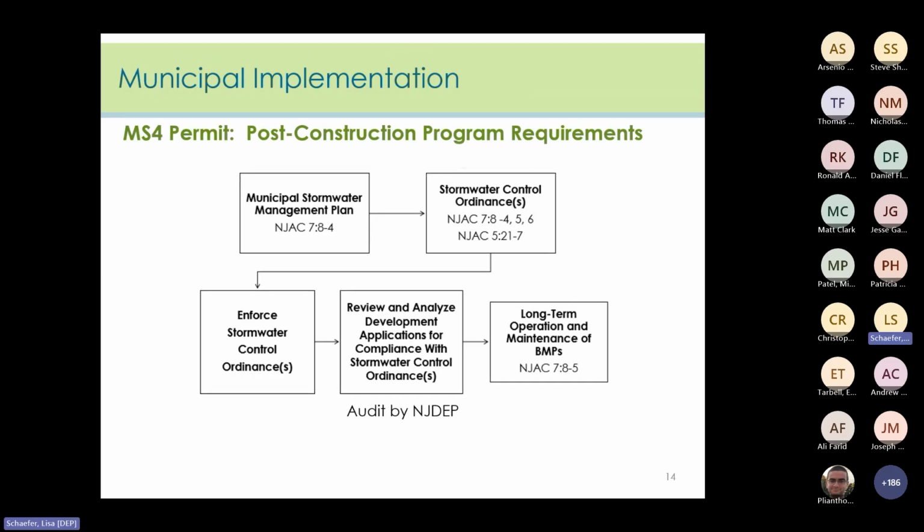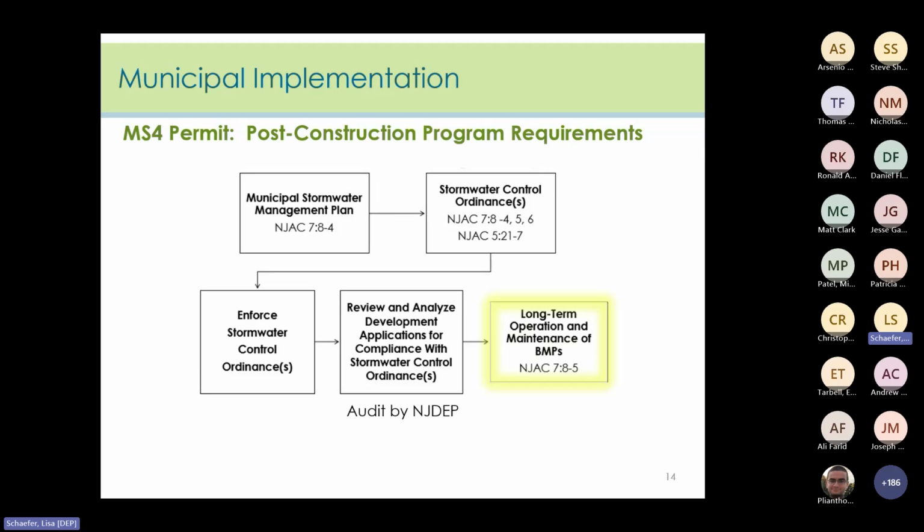All right, so coming back to the post-construction program requirements, every municipality must then enforce their own SCO, review applications for compliance with their own SCO, and ensure long-term operations of BMPs, which includes making sure the required maintenance is performed, which for municipalities also includes privately owned facilities.